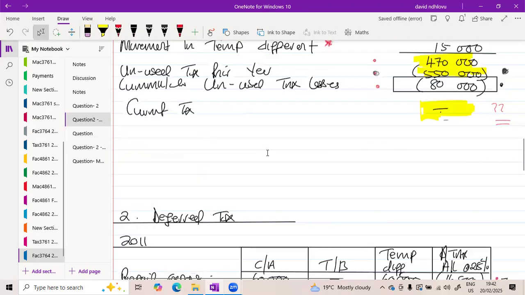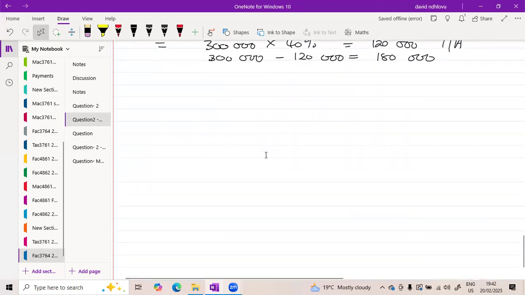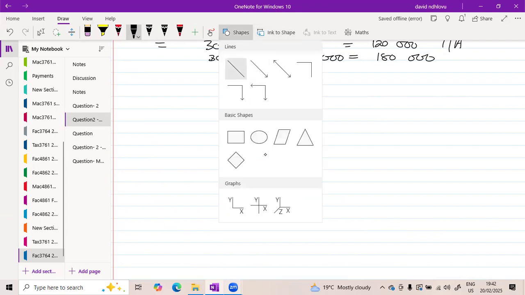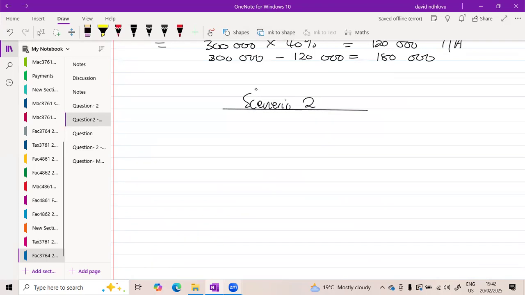Right, let's look at part 2 of this. So we go to scenario number 2. Right, so there's a slight change in the information, but we're calculating the same. So I'm going to calculate my notes again. So this is Super Limited.